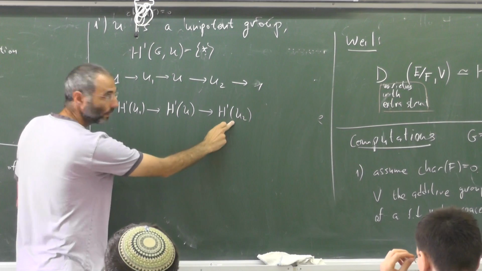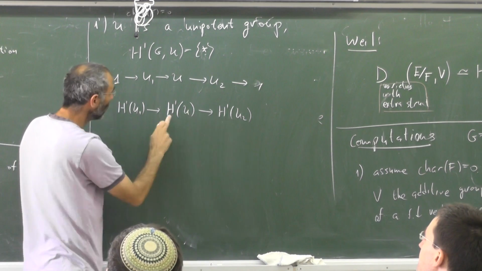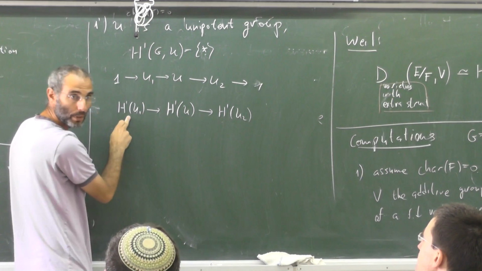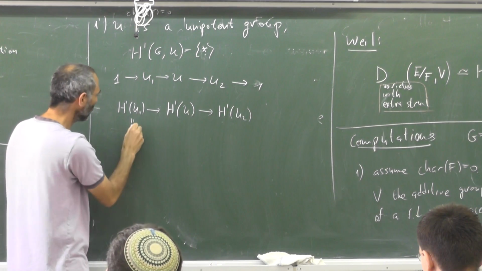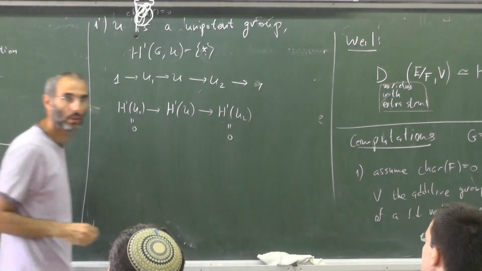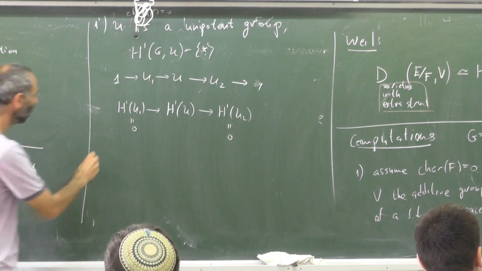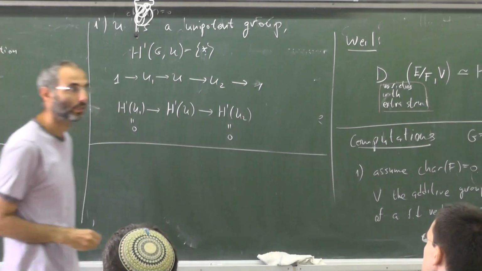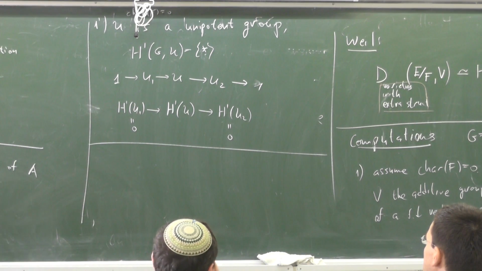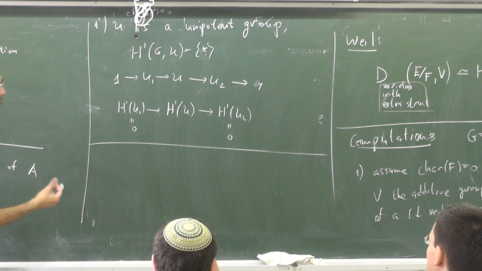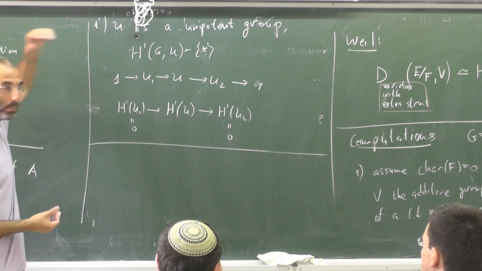So the kernel here is everything, and it must equal the image, which is 0 as well. So even though we're doing non-abelian cohomology, it is enough that U1 is central in U? Sorry? U1 is central in U? Well, first of all, I can assume so.